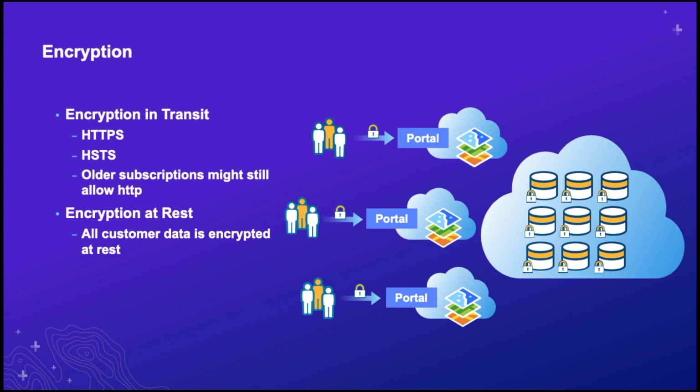And at rest, we encrypt all the data that gets laid down in our back-end data stores of various kinds. So that's always encrypted. We do still support HTTP for transit for some older subscriptions.